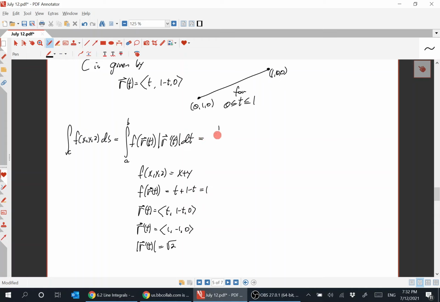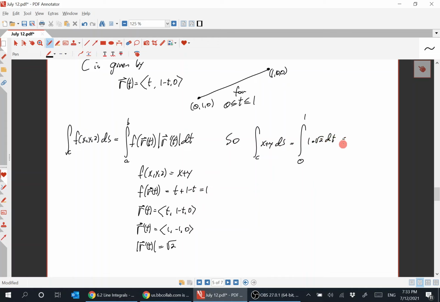So in this case, the integral over c, x plus y ds, is equal to the integral from a to b, which is 0 to 1, of f of r of t, which is 1, times the length of r prime of t, square root of 2, dt.